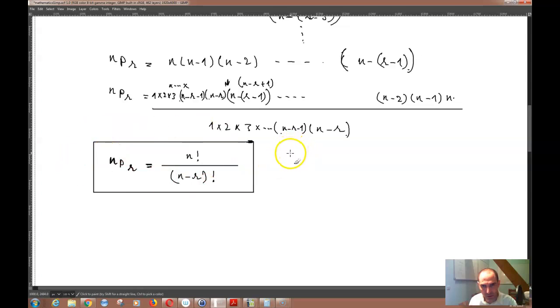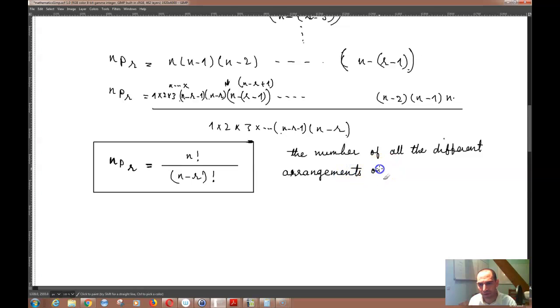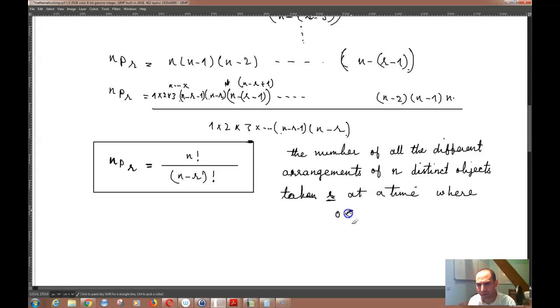You can think of this as the number of all the different arrangements of n distinct objects taken r at a time, where 0 is less than r is less than or equal to n, meaning that r can actually be equal to n.